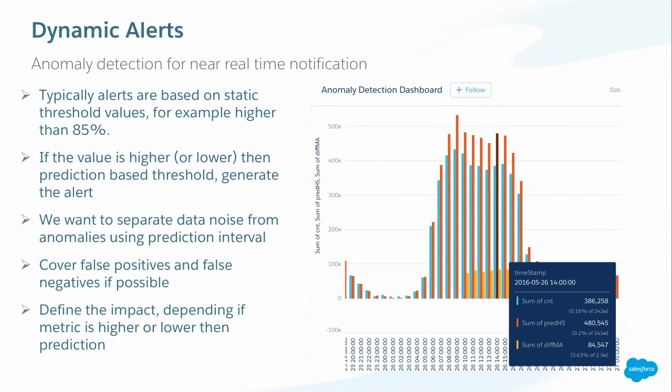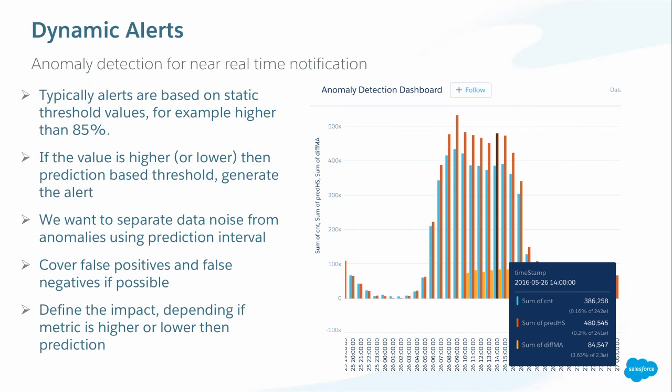Essentially, once we see that there is an anomaly, we need to see whether it is higher or lower than the prediction. For example, if a metric is higher than the prediction, it might cause some system performance problems, so you might notify the DevOps team.